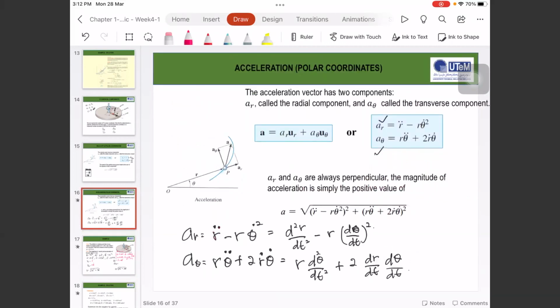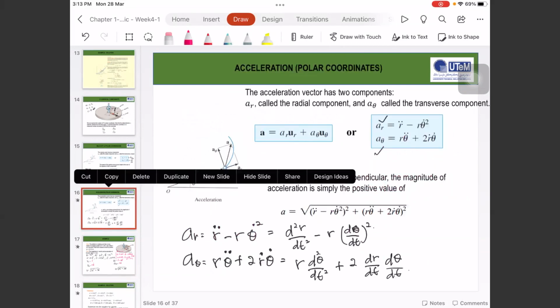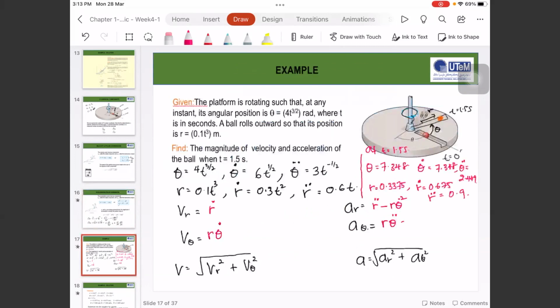And then A_theta is R theta double dot plus 2 R dot theta dot. Okay, masukkan saja nilai ni. Sepatutnya dapat jawapan lah.